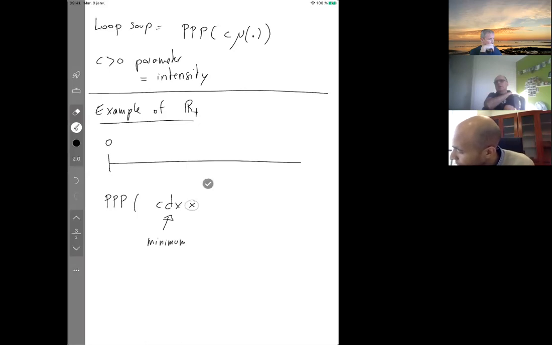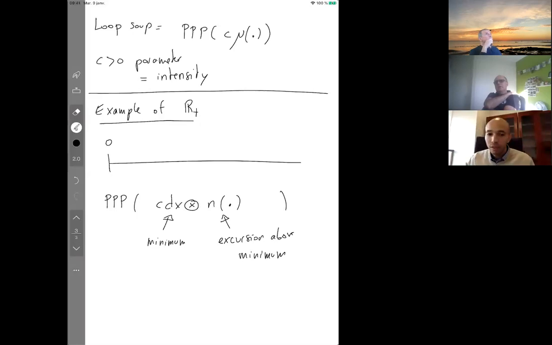And your excursion above the minimum will be given by the Ito measure. So in some sense, you are throwing at rate C Brownian excursions.